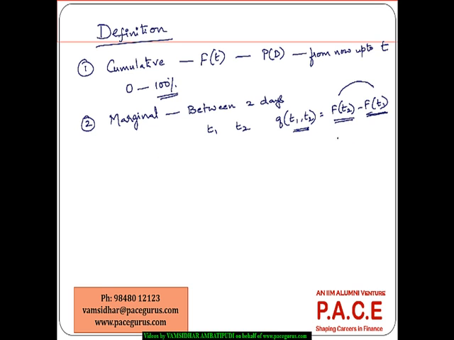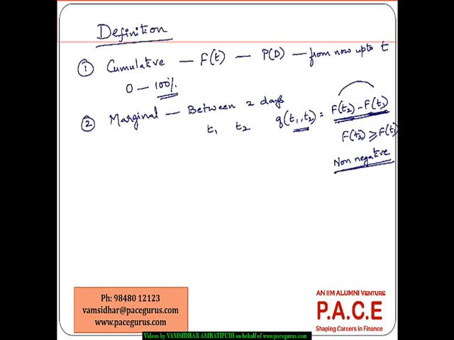In this case, if t2 is greater than t1, I should see that F(t2) also is at least greater than or equal to F(t1). It cannot be less, which means this difference should always be non-negative. It can't be a negative value at all.